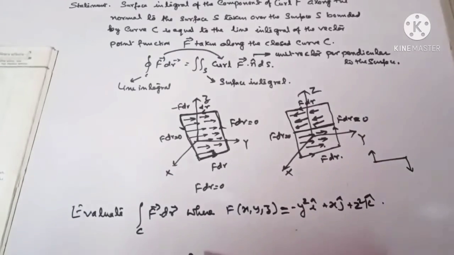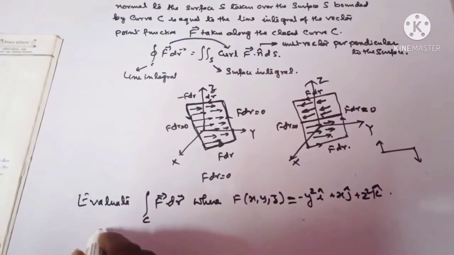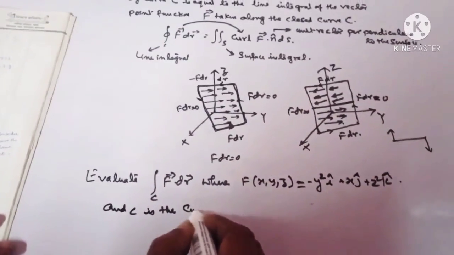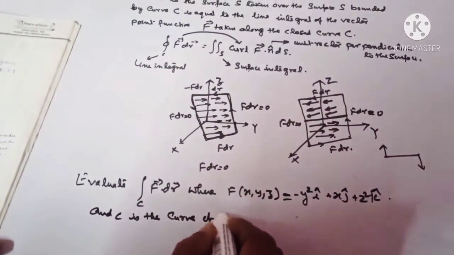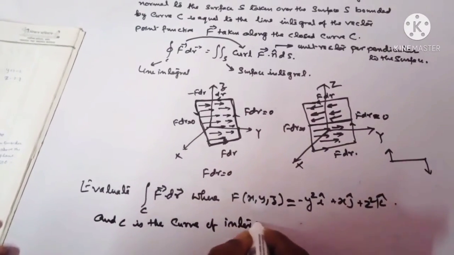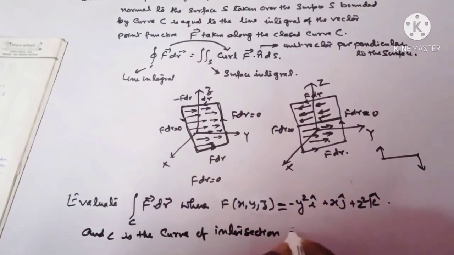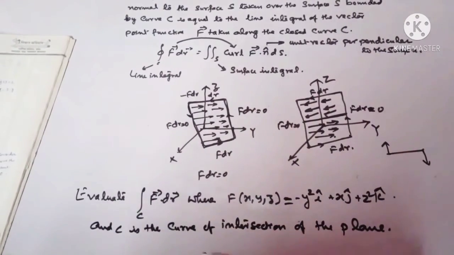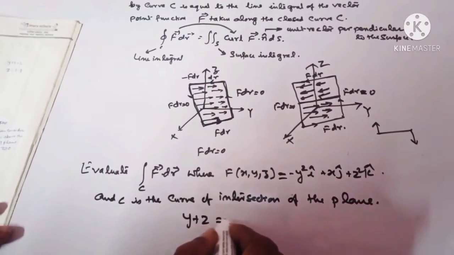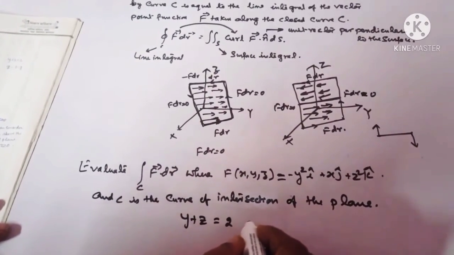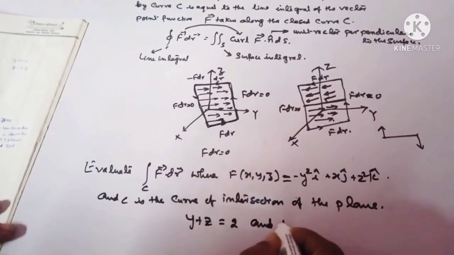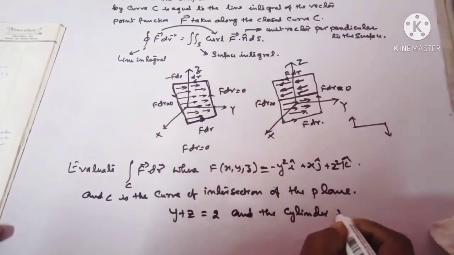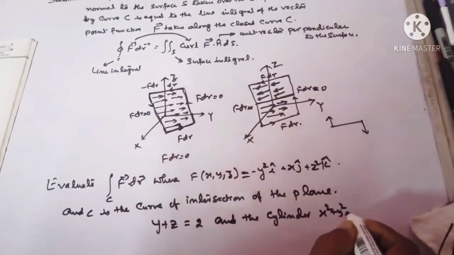This is F, and C is the curve of intersection of the plane y plus z equal to 2 and the cylinder x squared plus y squared equal to 1.